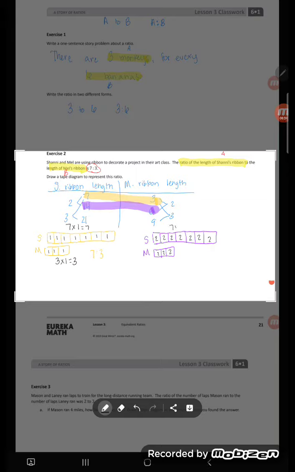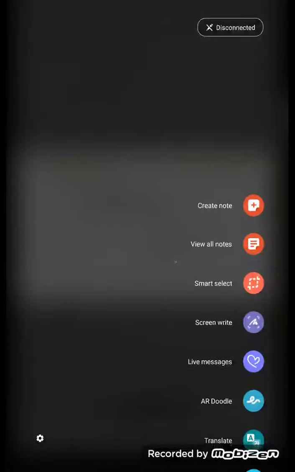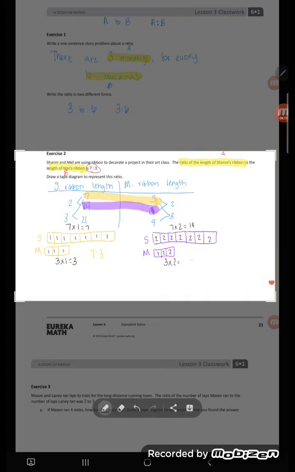We have 7 boxes for Shani. Each box is worth 2. That gives us our 14. Same with Mel. We have 3 boxes by 2 in each box. Gives me my 6.